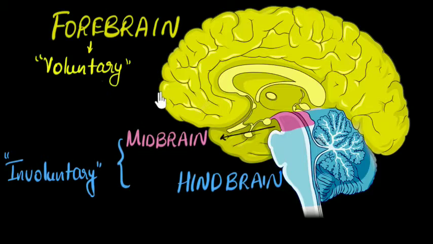All of these come under voluntary action, right? All these are controlled by the forebrain. Involuntary means things which occur without consciousness, such as digestion and heartbeat.